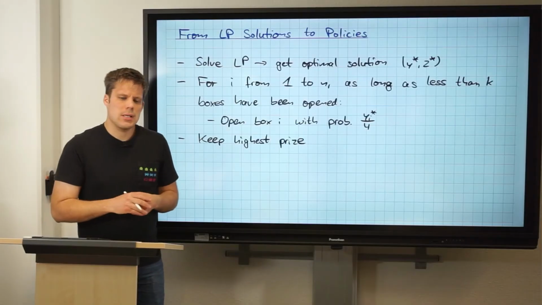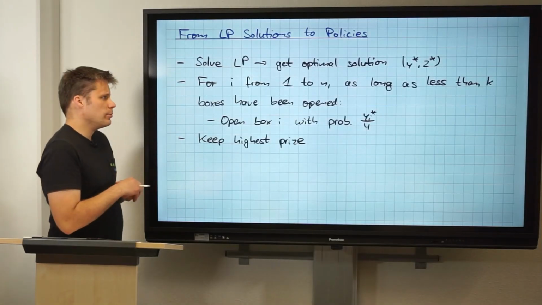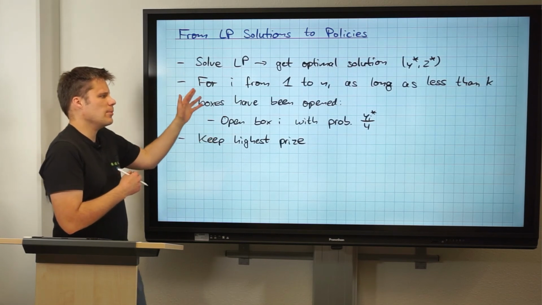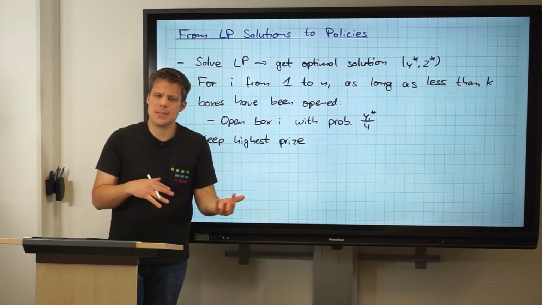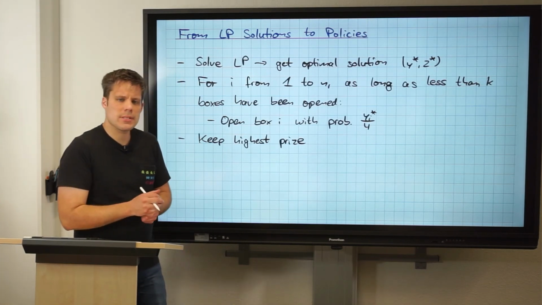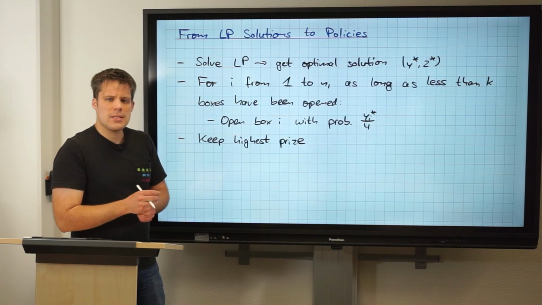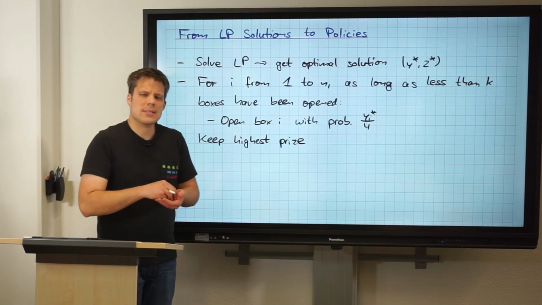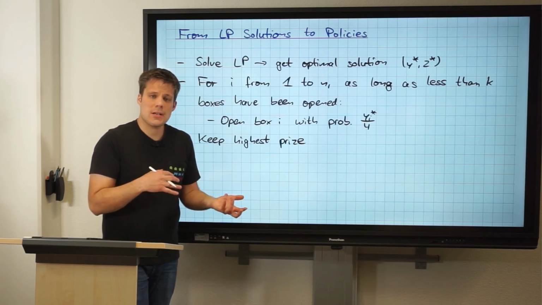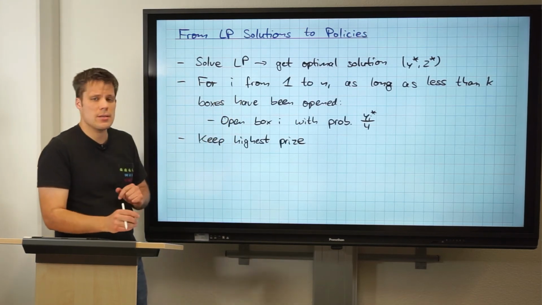This policy is clearly non-adaptive because it just goes through the boxes. Well, we now say that we open a random subset of the boxes just because we're doing this for analysis purposes. This definitely shows also that the best non-adaptive policy, which opens a deterministic set of boxes, will be no worse than this.